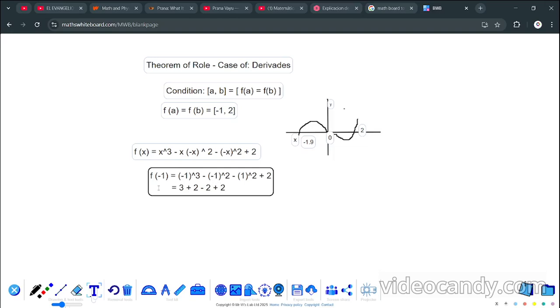And if you summarize, for example, 3 plus 2 is equal to 5. Let's go here. 5, we have 5, and minus 2 plus 2 is equal to actually 0.